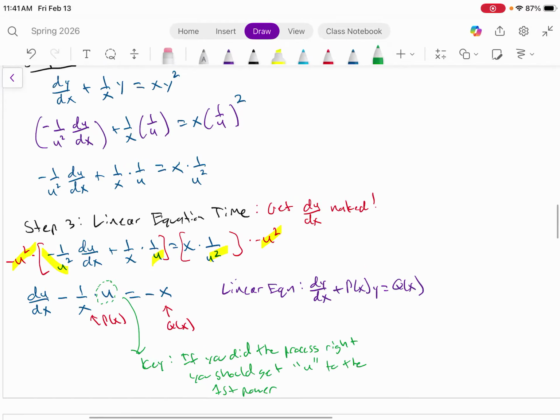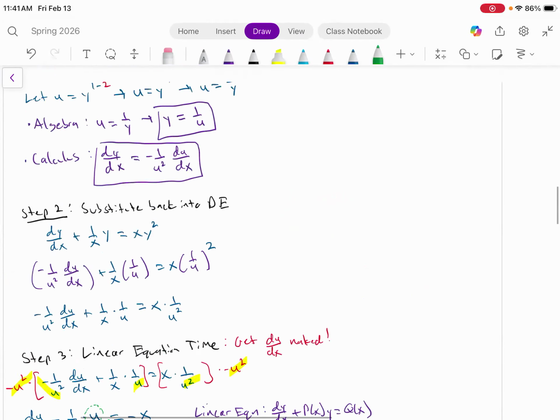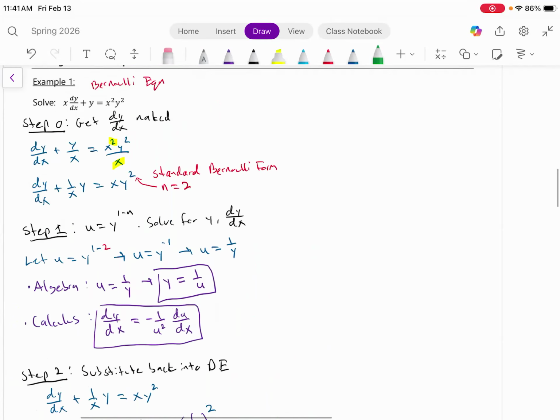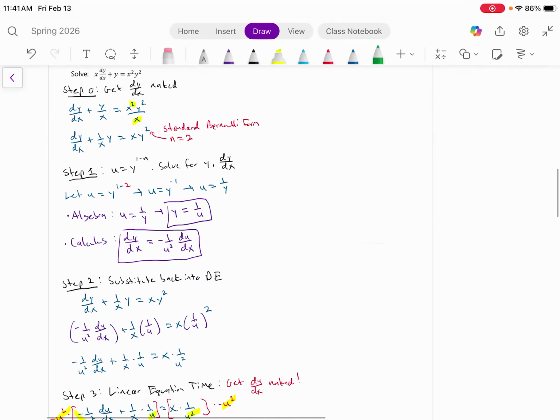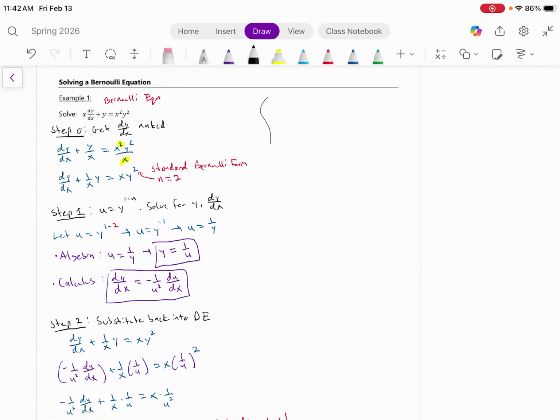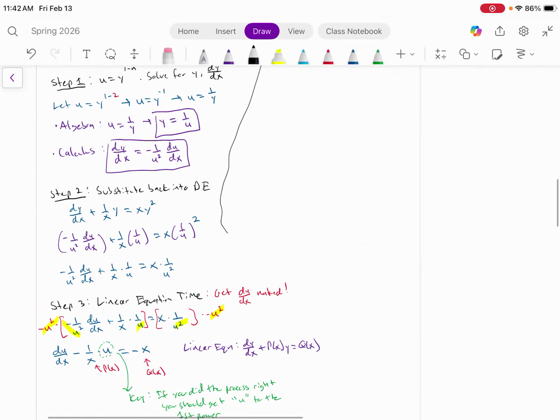Okay, so we have a linear equation, and so how do we solve a linear equation? Well, we need to get the integrating factor and then multiply it to both sides. So that's our next step, getting an integrating factor. So I'm going to come back up here, up to the top, and cut this off a bit, give us some room.